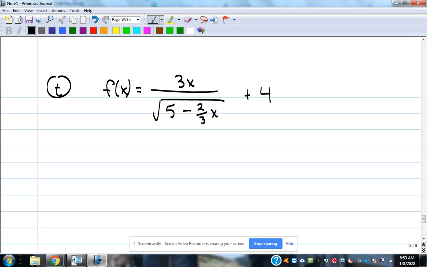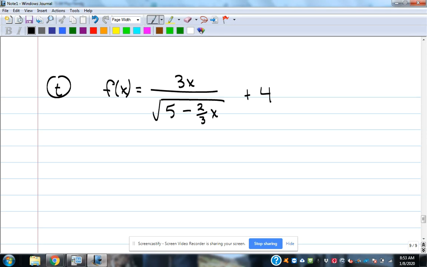What's up with this one? Got a lot going on. It does have a lot going on. How many red flags do we see? 2 of them. Both of them are in this one. The denominator has a square root in it with an x inside of it. So you've got a denominator and a square root there.